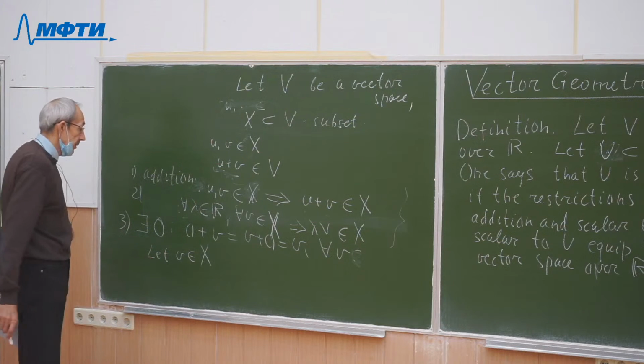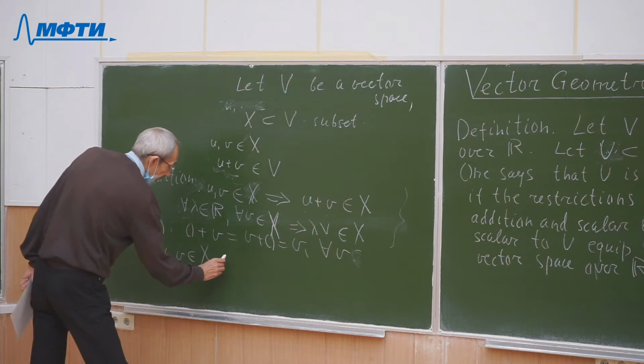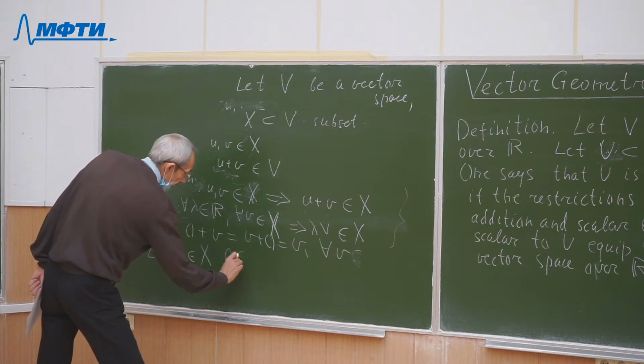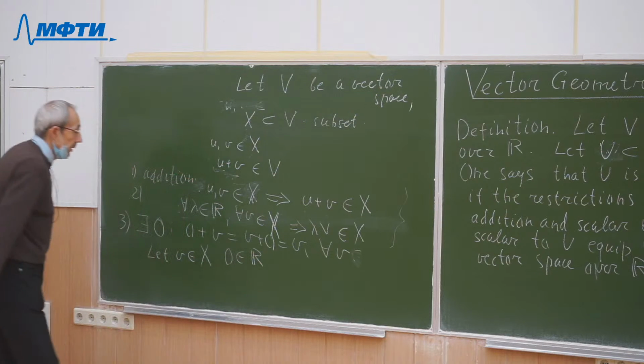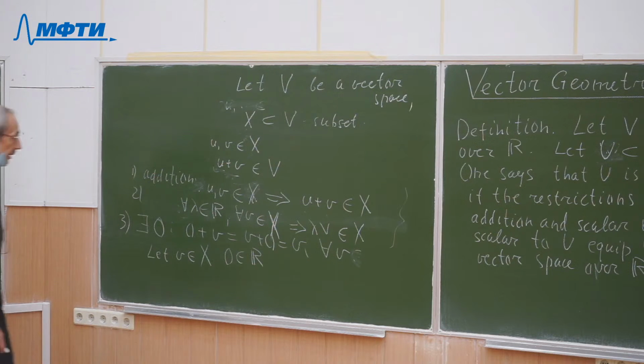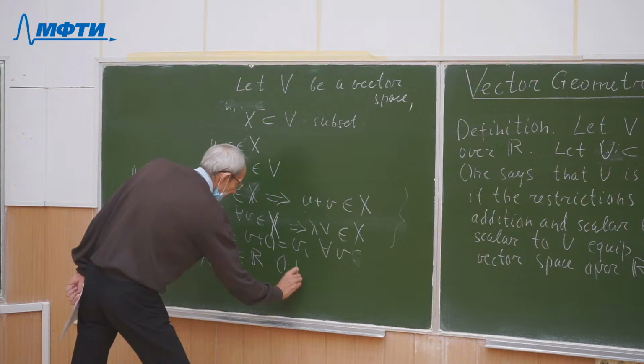Let v belong to X. Pick the zero number from R and multiply 0 by v.